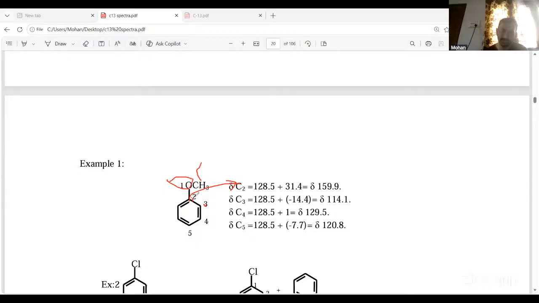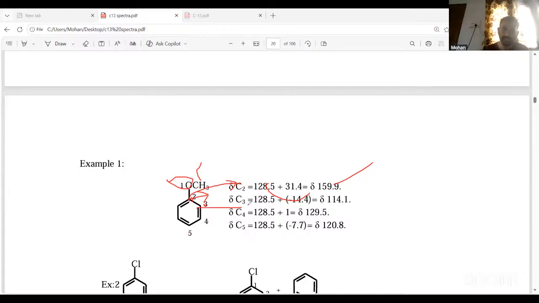In general, 1, 2, 3, 4. But as per the table, you take the value of the C1 carbon, that is 31.4, and then it becomes 159.9.